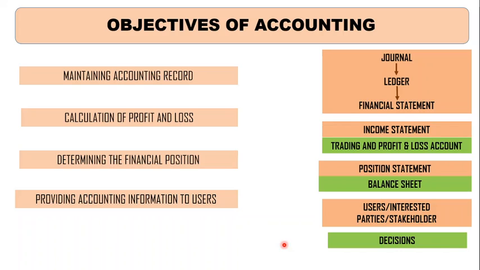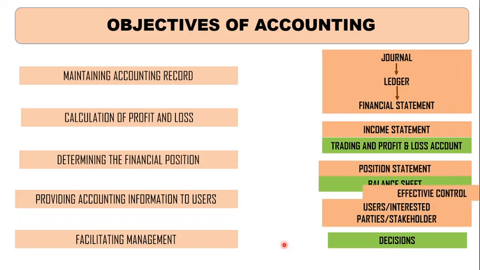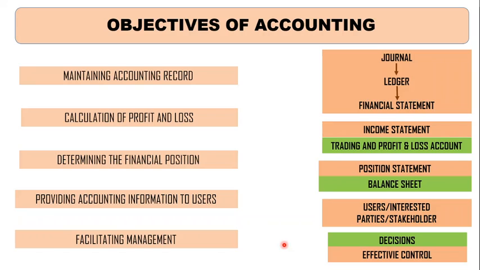Why do they need this? To take important decisions. Okay, last but not the least objective of accounting, that is it facilitates management. Now facilitating management here means management also requires financial information for, of course, decision making, and also for exercising effective control.